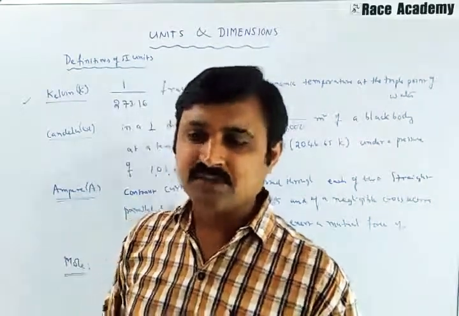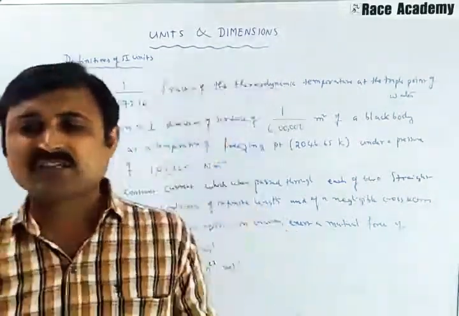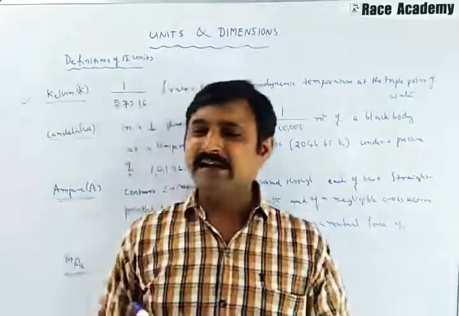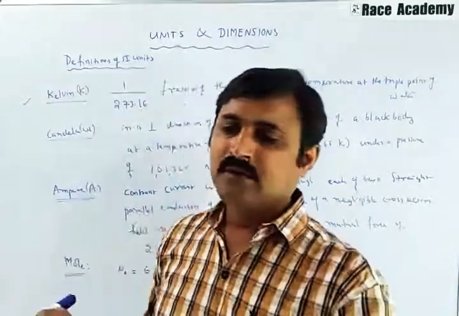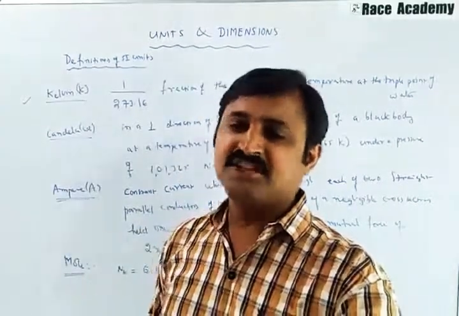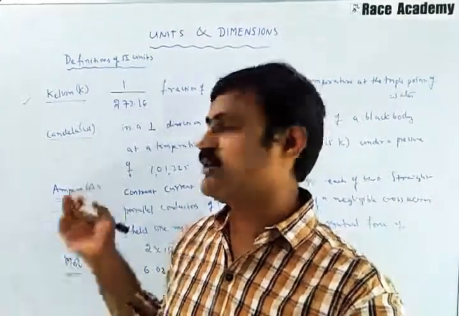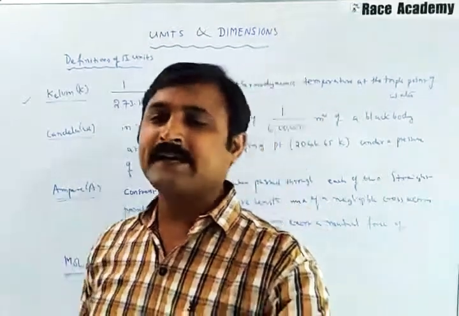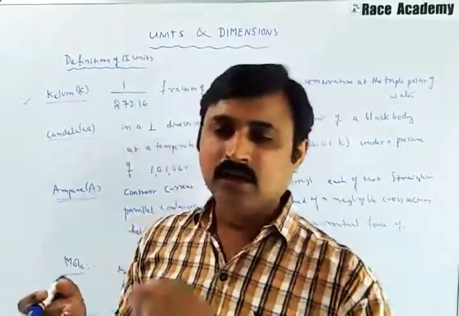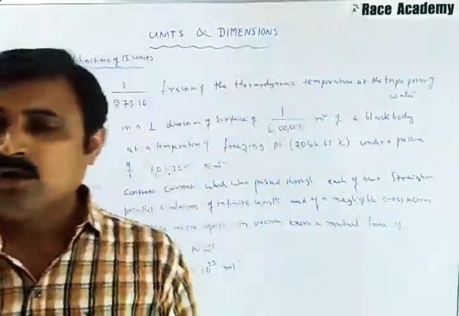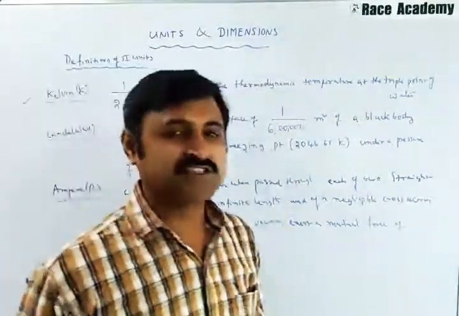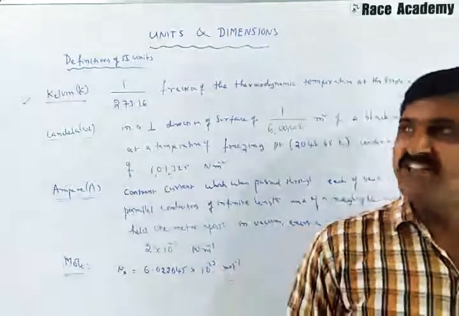What are the units for length, mass, time, temperature, electric current, luminous intensity, quantity of matter, and all were given. And the definitions of some basic units like meter, kilogram, second, and Kelvin, candela, ampere, mole, we have discussed in this session. I hope you understand this session.